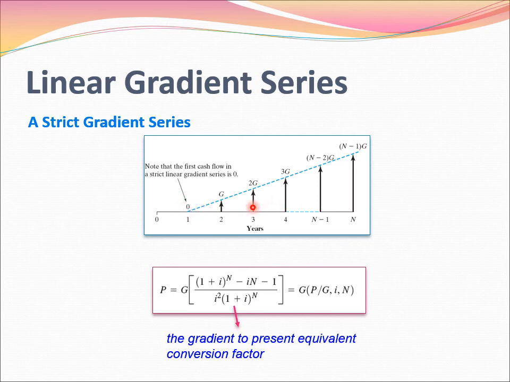Usually we don't start with a 0 payment. We start with a constant amount of payment, let's say 1,000 dollars in the first period. Then we increase this amount by G, which can be, for example, 100.